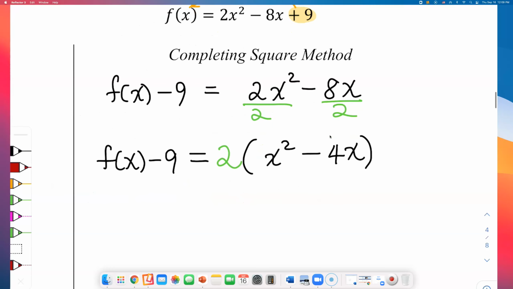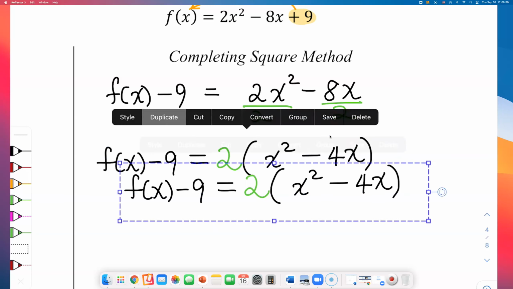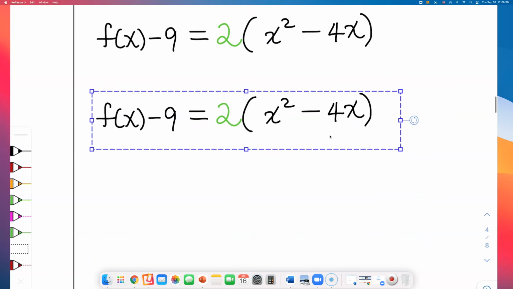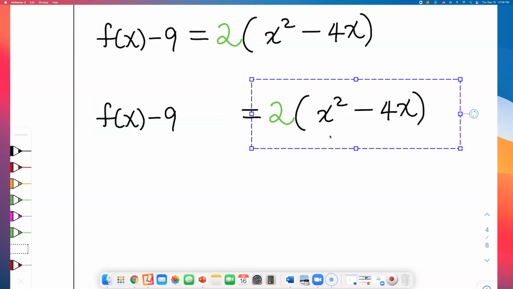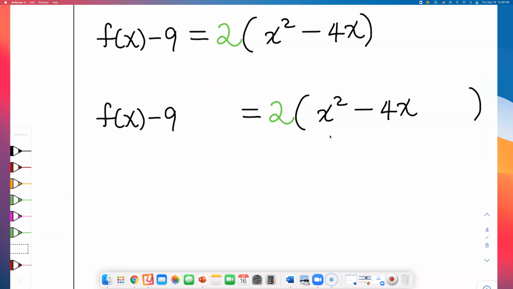After that it is very similar, okay? I'm gonna have to figure out what we need to add to both sides, okay? So the thing is, what I'm adding to the left-hand side and what I'm adding to the right-hand side will be slightly different, okay? Now, what should I add in here? Remember, it's always half of the middle number, squared, right?